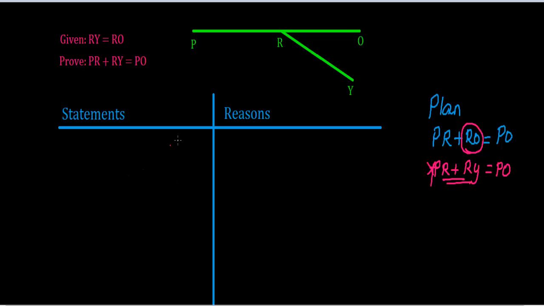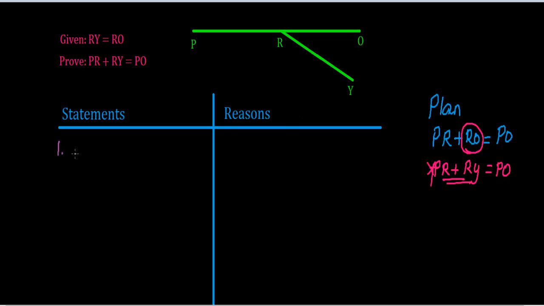So let's write out all the steps for my proof, my two-column proof. Remember, in this case, you can write the given statement as statement number one. For me, I'm not going to use that given statement yet, because according to my plan, I'm going to state the segment addition postulate first.